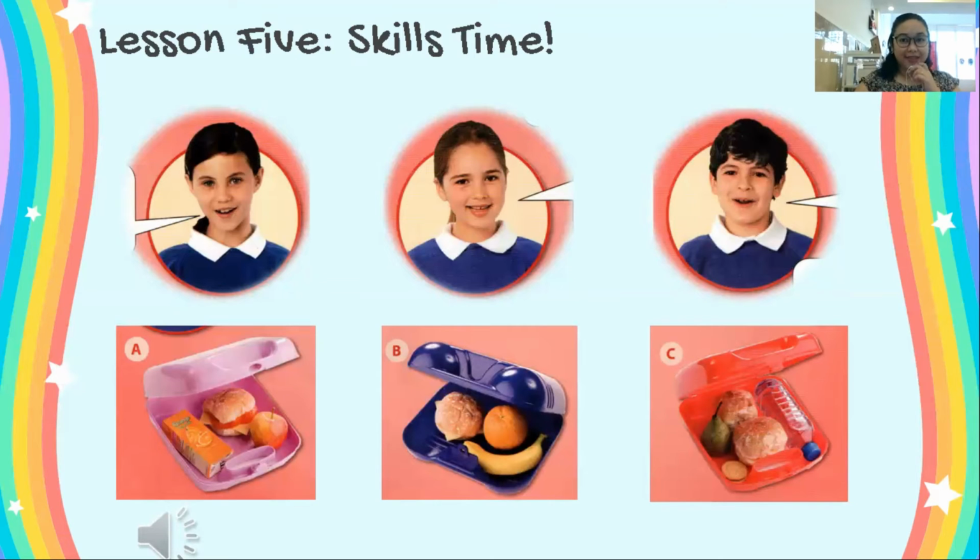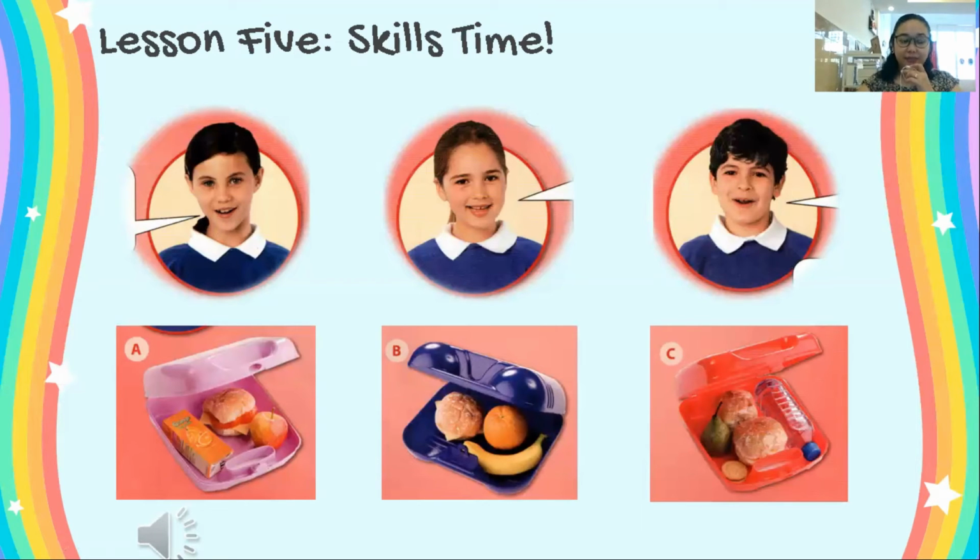Okay, so we've heard it twice. So let's go to girl number 1. Can you tell us what letter is her lunchbox? I'm going to read again and you look for the correct lunchbox for girl number 1. In my lunchbox, I have a cheese and tomato sandwich.